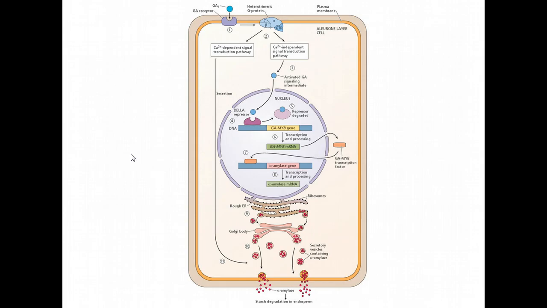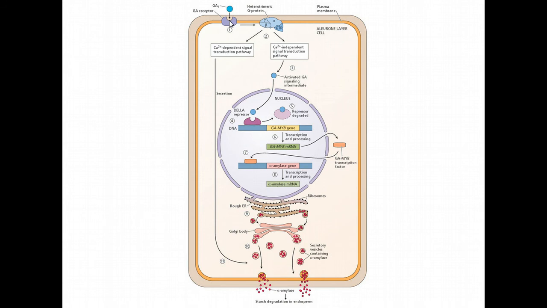Okay. Now, I want to finish up with this. This is everything we've talked about. So what happens? If you can see this, in this case, the gibberellic acid binds to a membrane-bound protein, which we've talked about, an integral protein.